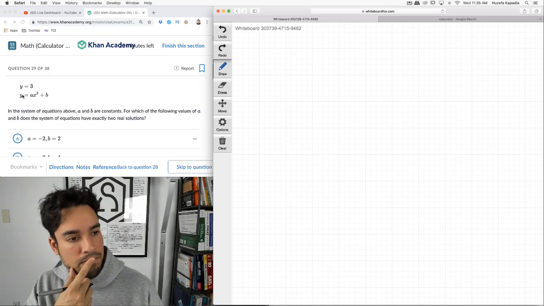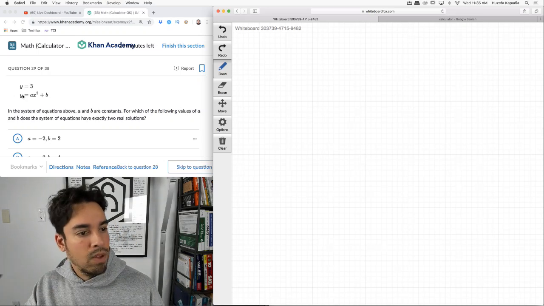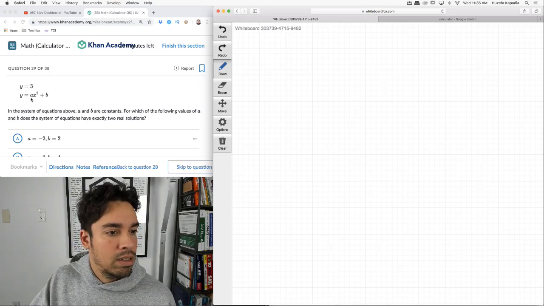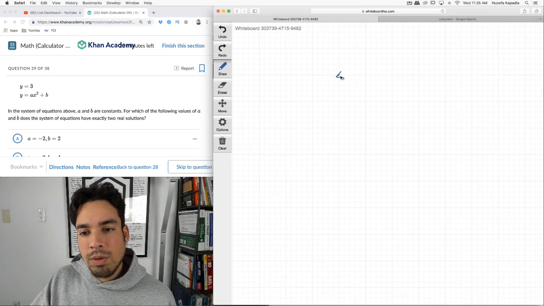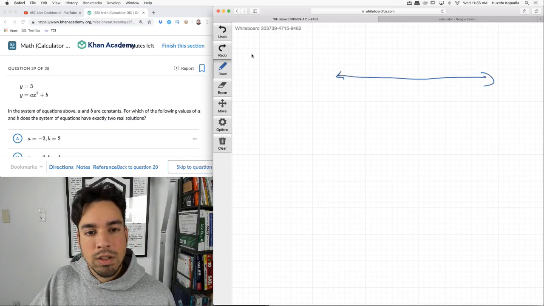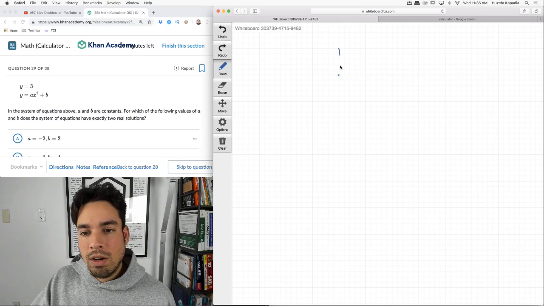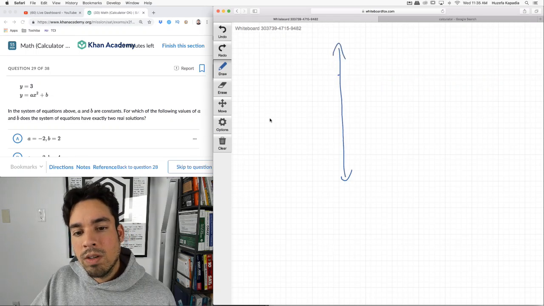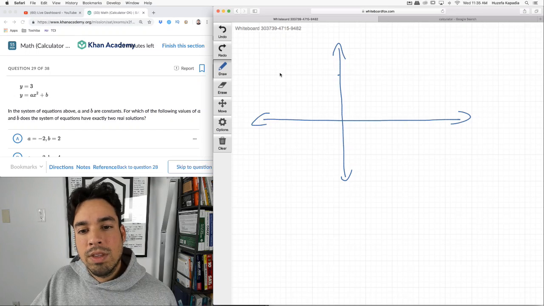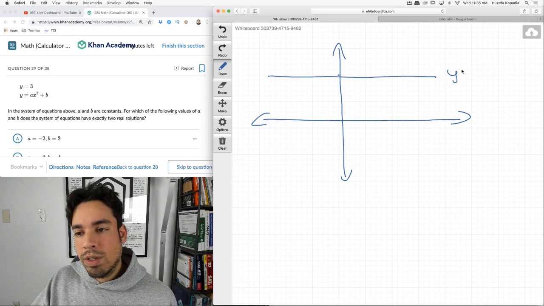All right, look, the bottom line is, here's how we approach this one. I'm going to show you how to think about this. If this is y equals 3, that means it goes through 3 right here.